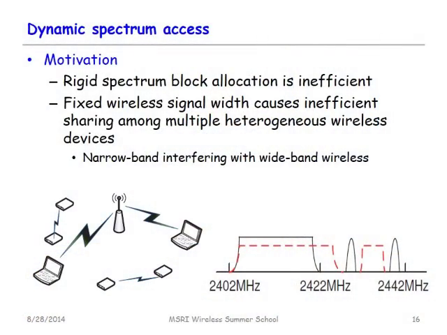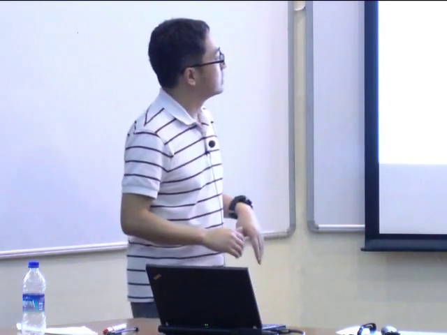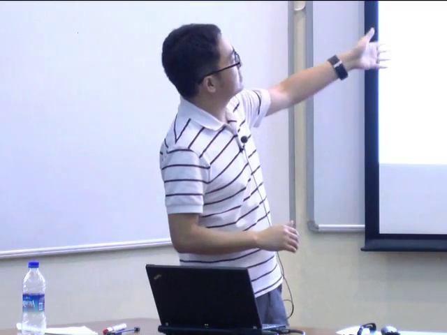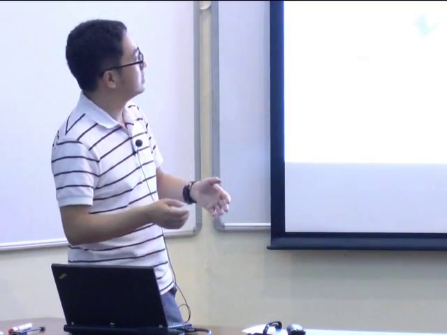And also, currently the wireless standards usually have a fixed definition of the channel. By channel I mean the central frequency and the bandwidth. So this fixed wireless signal is called inefficient if the channel is shared by heterogeneous wireless devices.